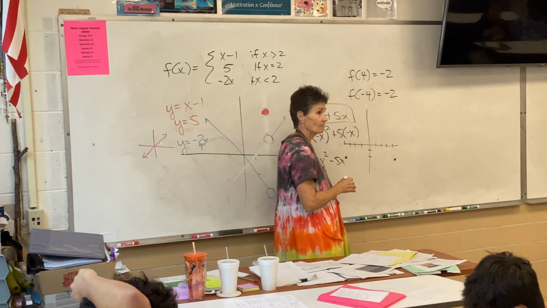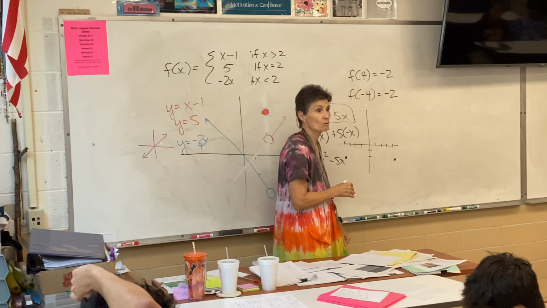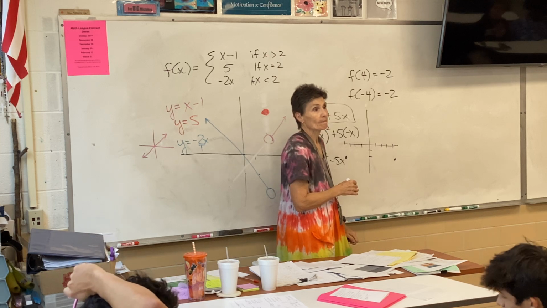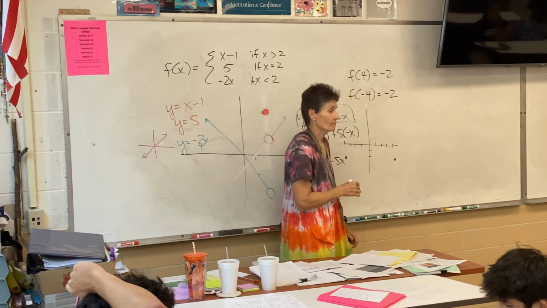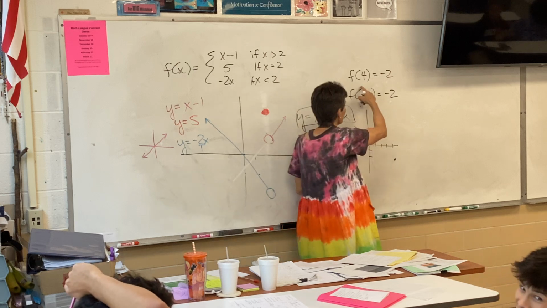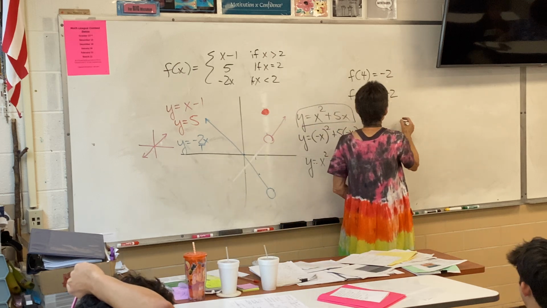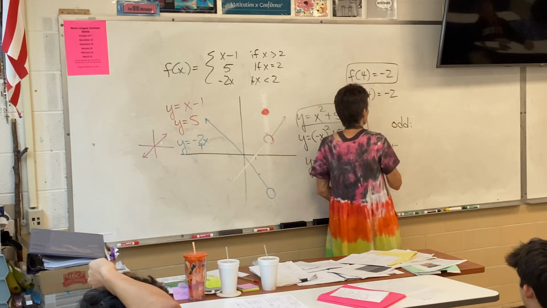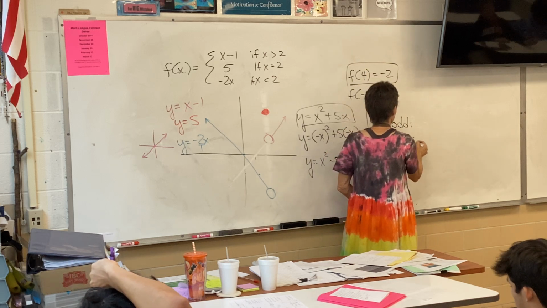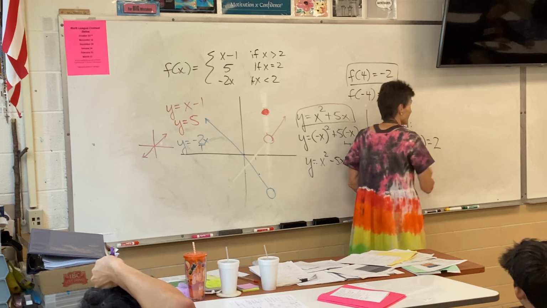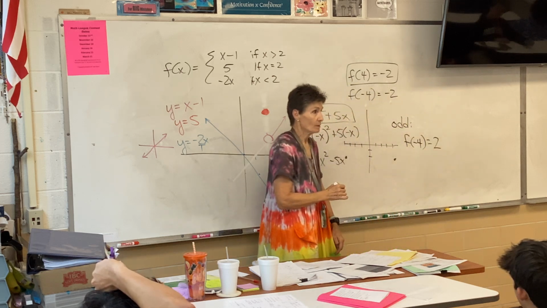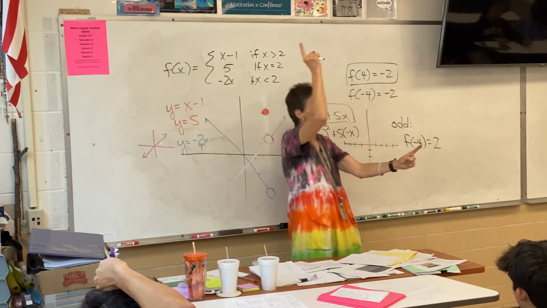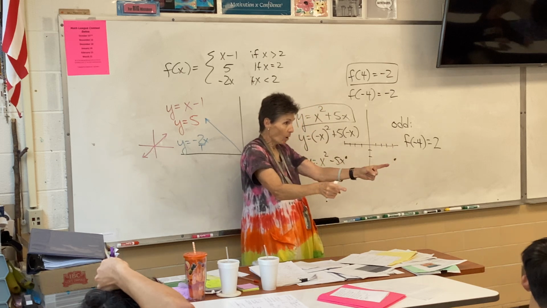How do you know it's odd? What's the test for symmetry for odd? You change both. So if f of 4 is negative 2, and I'm odd, f of negative 4 would have to be positive 2, because I change x and change y.